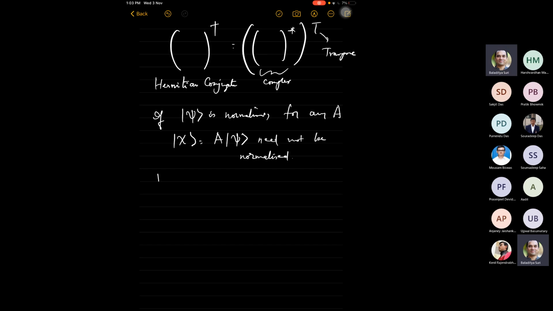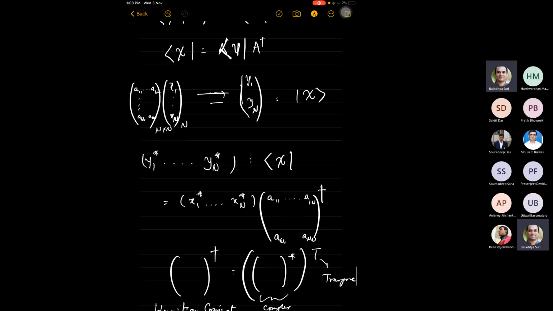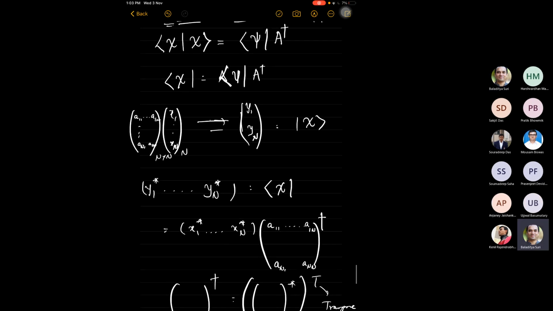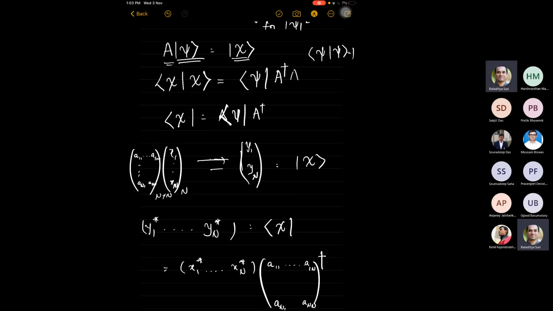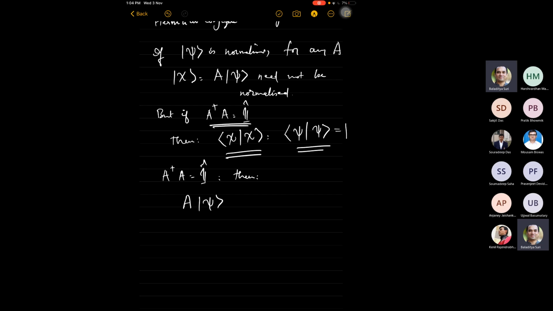All right. But if A dagger A is just the identity operator, then chi will be normalized. Sorry, I did not write this fully. ⟨chi|chi⟩ is nothing but ⟨psi|A dagger A|psi⟩. If A dagger A is the identity operator, then this will be ⟨psi|psi⟩, which will be 1. So what this means is, if A dagger A equals the identity operator, then if the initial vector psi that this operator A acts on is normalized, then A psi is also normalized.